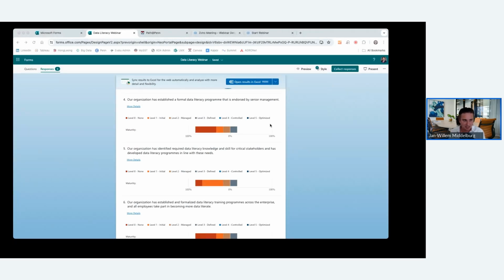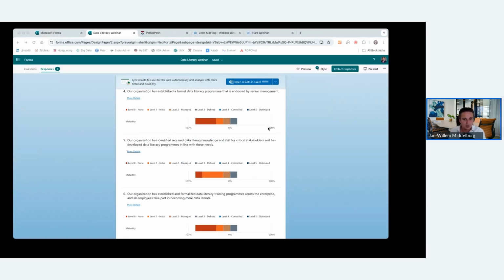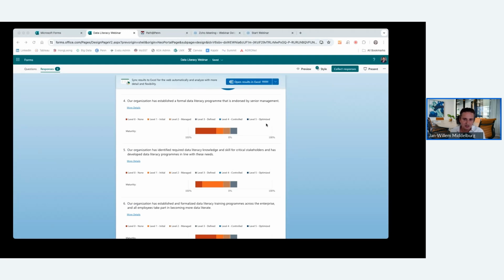Yes, perfect. Thank you. So here are the 6 questions, and you can see that the majority of you say that the maturity level of data literacy is at either the non-existent or level 1 or 2 stage.